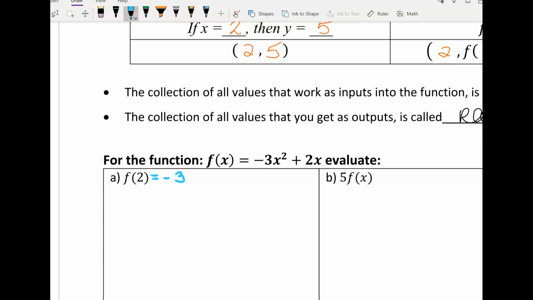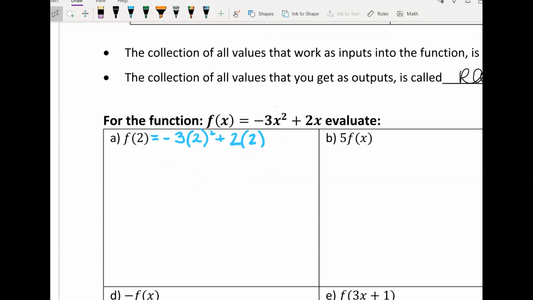So, negative 3 times the quantity 2 squared plus 2 times 2. Order of operations, exponents first. So we have negative 3 times 4 plus 2 times 2.